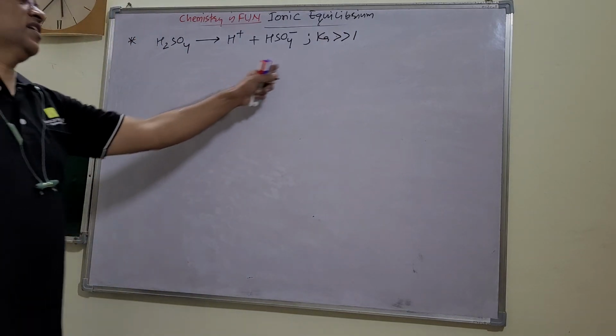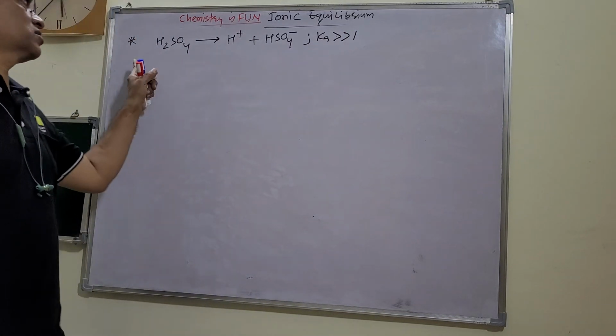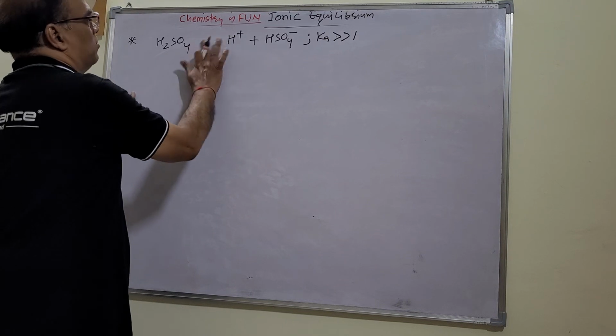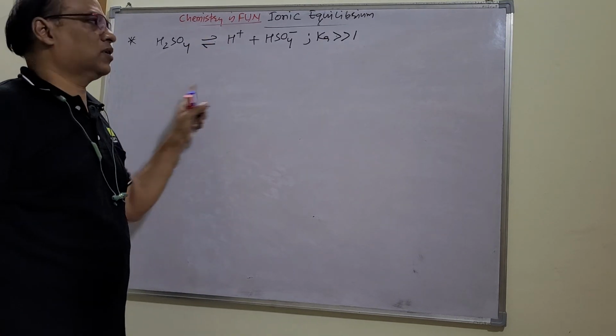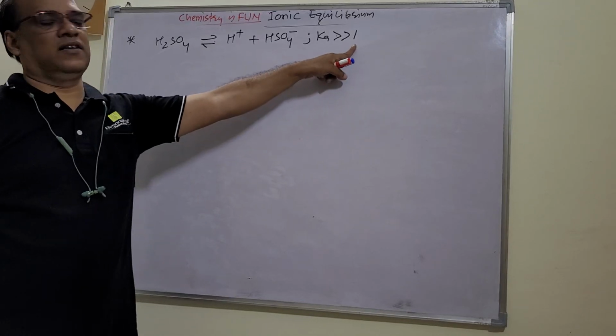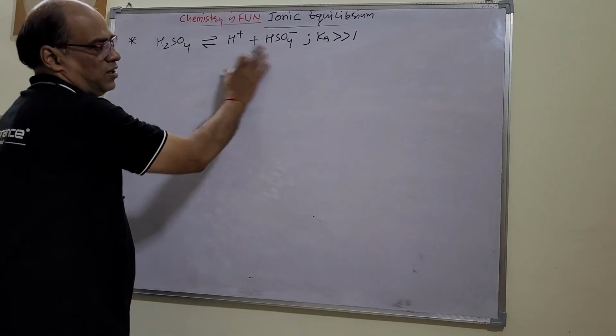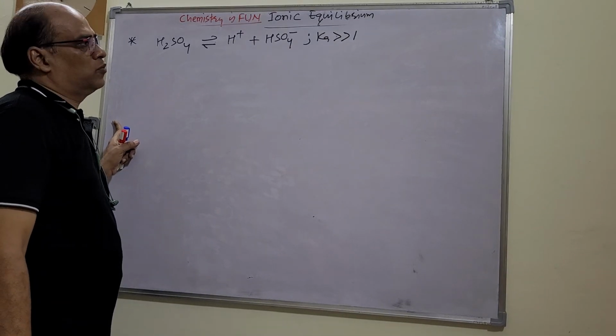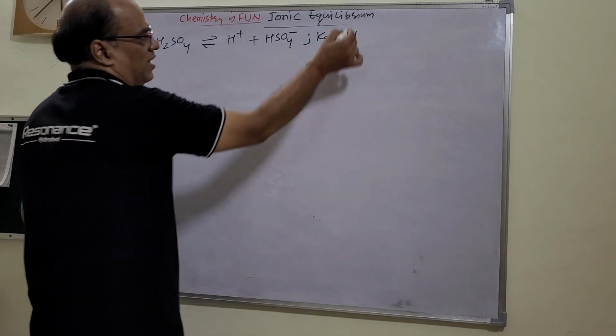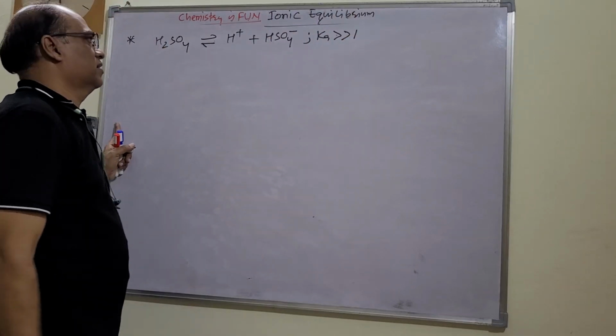What is the meaning of Ka being very much greater than 1? Suppose I use the equilibrium sign, then what will happen? I can use this equilibrium sign also. This K being very much greater than 1 means this reaction will almost complete in the forward direction.